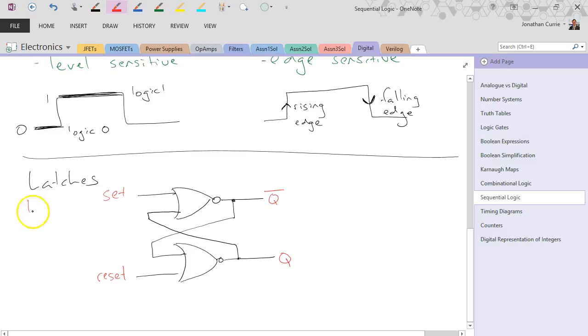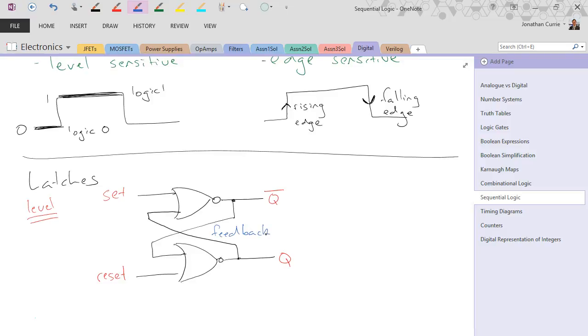And remembering we're looking for level. So in this circuit, this actually has memory. And the way it has memory is because of this feedback. It's not RAM or flash or anything like that. This circuit actually remembers its state and will hold its state.